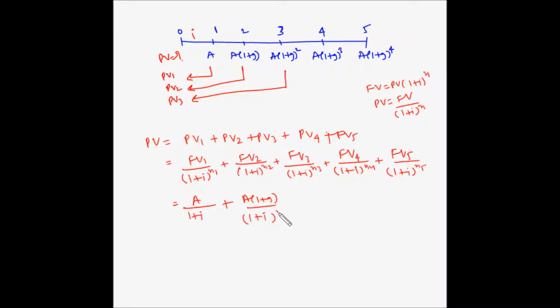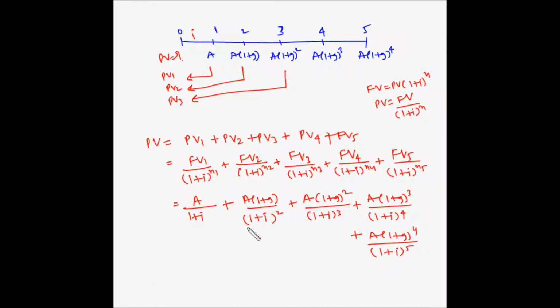So square plus A into 1 plus g square divided by 1 plus i cube plus A into 1 plus g cube divided by 1 plus i to the power 4 plus A into 1 plus g to the power 4 divided by 1 plus i to the power 5.